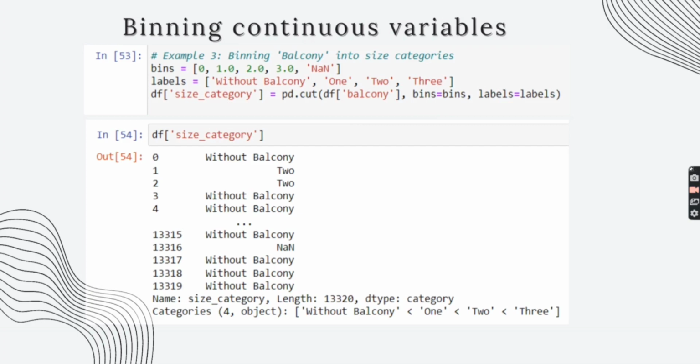So it categorizes the property size and the balcony based on its values as 1, 2, 3. And we get the output like this. All the bins are converted into the particular 1, 2, 3 and without balcony values.